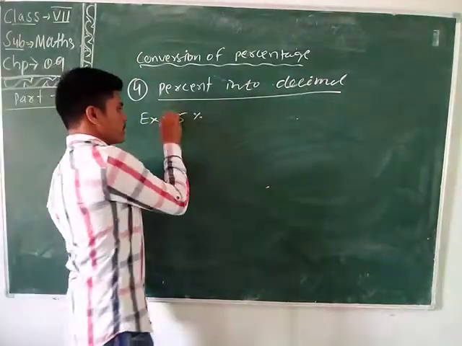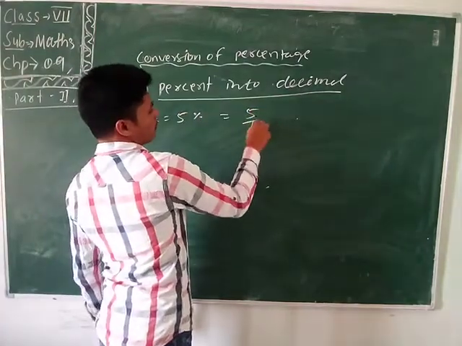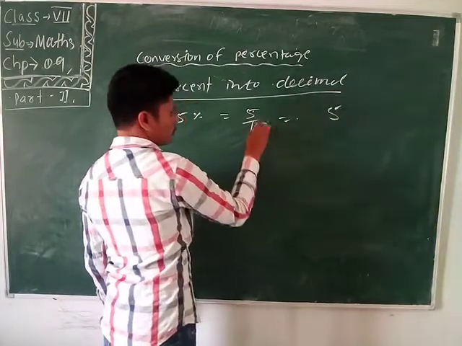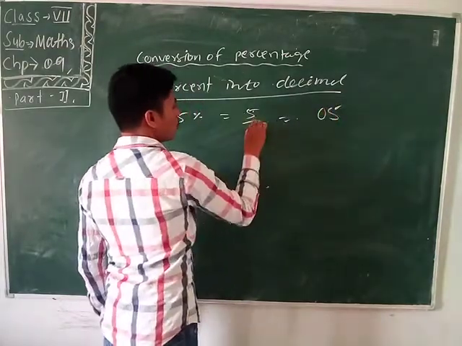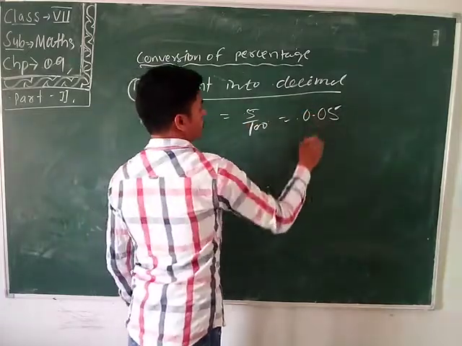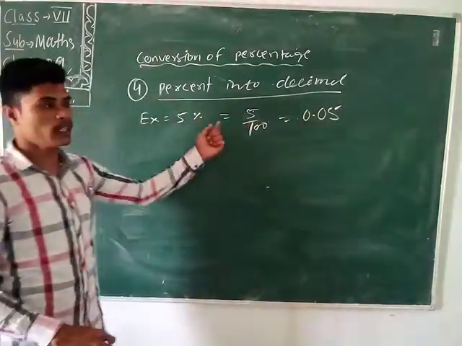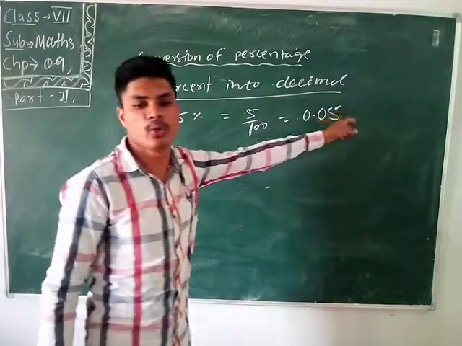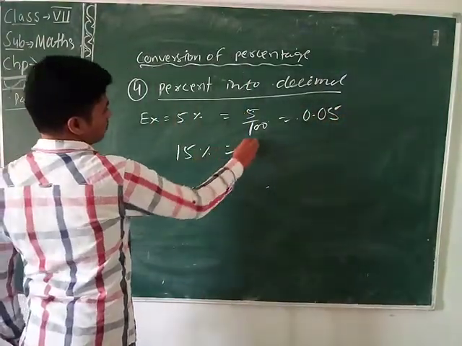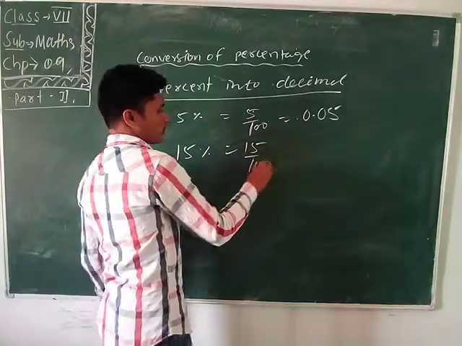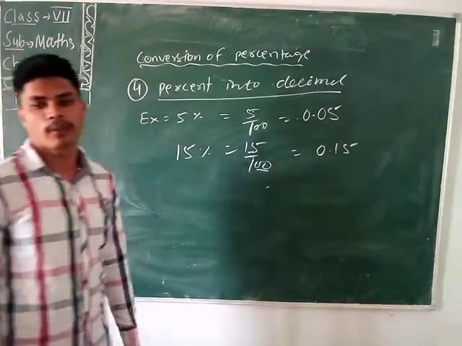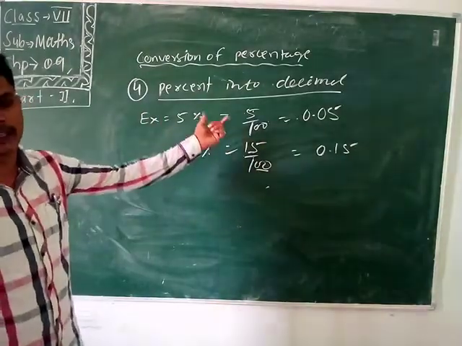We know that 5% equals 5 by 100, so we write 0.05. Next example, 50%. That means 50 by 100, so directly write 0.50.